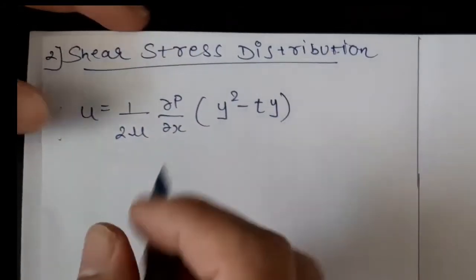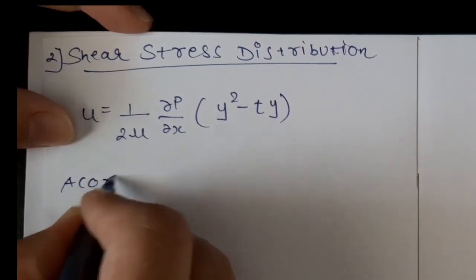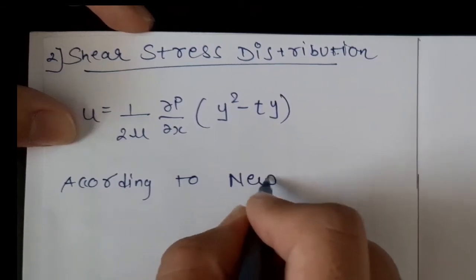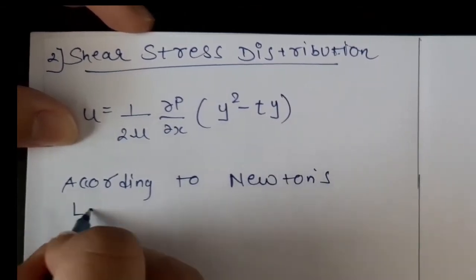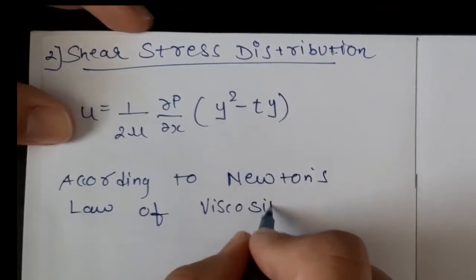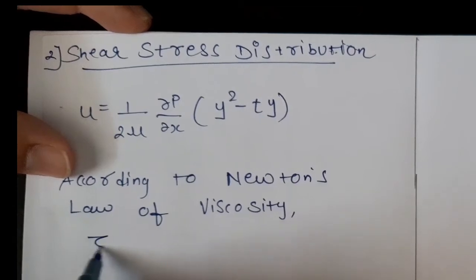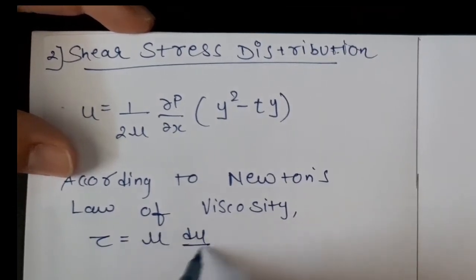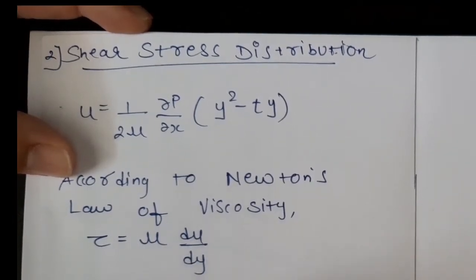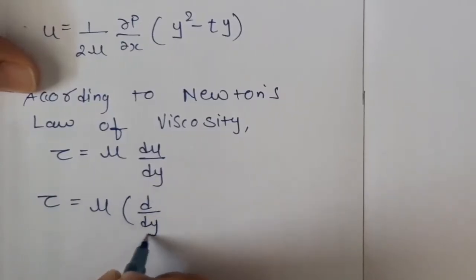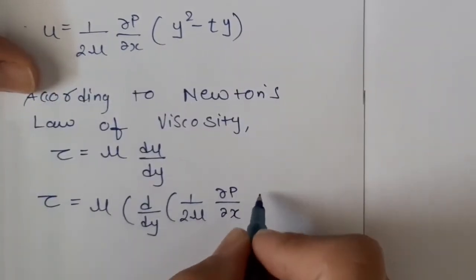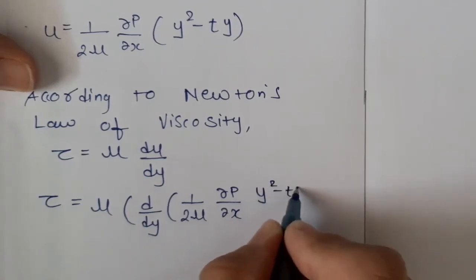Now according to Newton's law of viscosity, we have tau equals mu into du upon dy. We have the equation of u, so we will put it here. So u equals d by dy into 1 upon 2 mu into del p by del x into y square minus t into y.